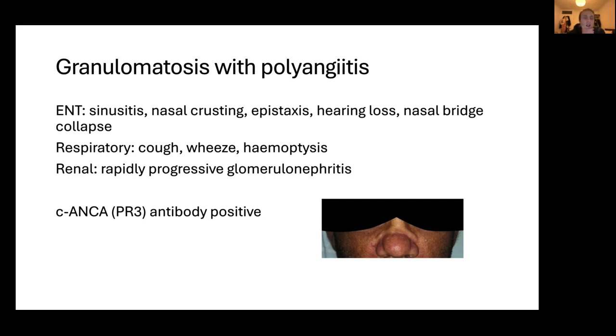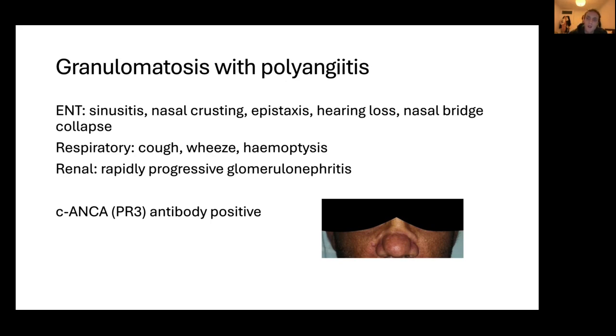So small vessel vasculitis tends to be what we call ANCA positive. So ANCA is one of the antibodies which are often sent as part of a rheumatology panel, and it's particularly the C ANCA or PR3 ANCA that we associate with GPA, or granulomatosis with polyangiitis.